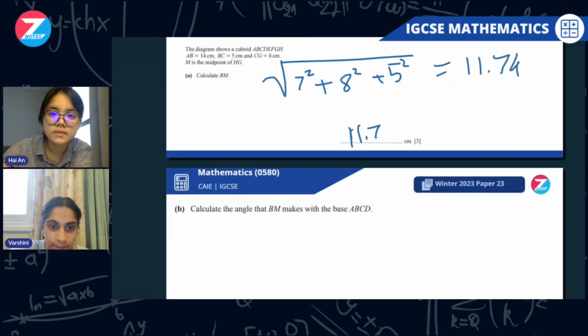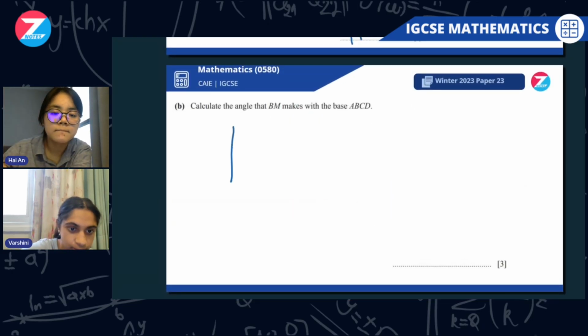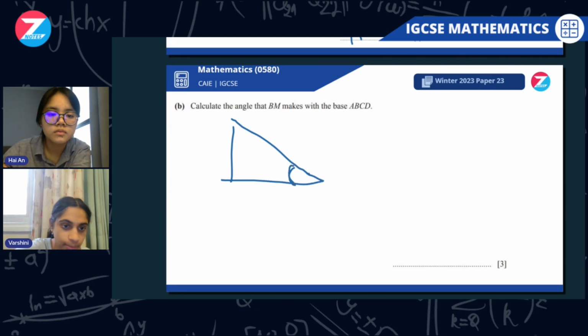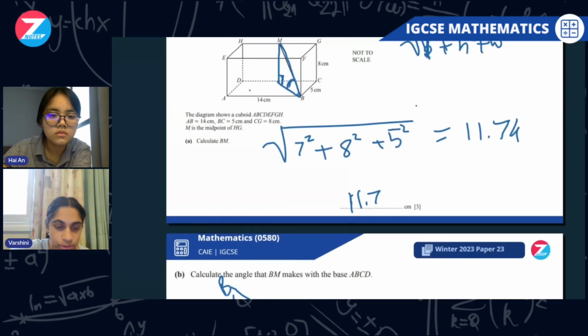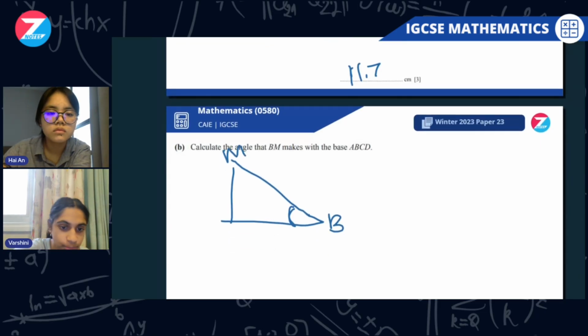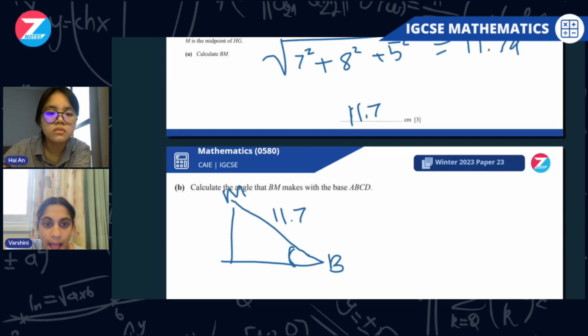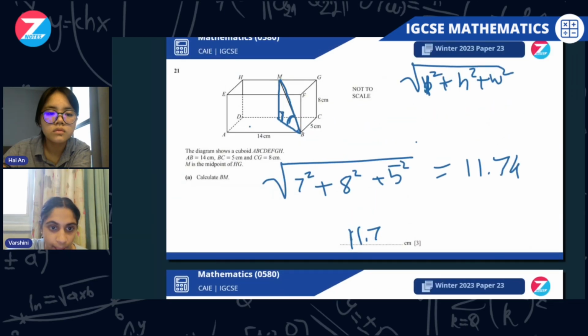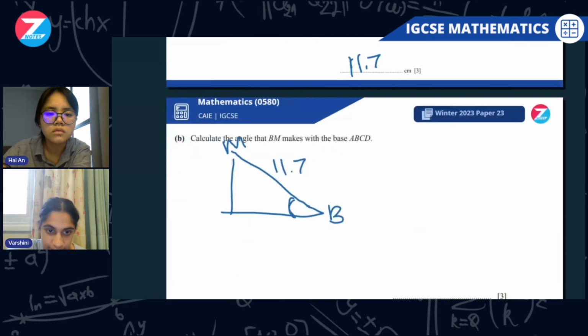Let's redraw the triangle over here. So this is the angle we want. This is BM, sorry, it's the other way. BM is 11.7, and we also know the vertical from M down to the base is the same as G to C, so it's 8.